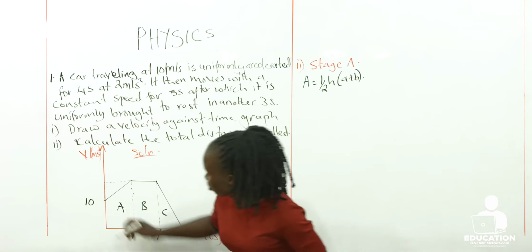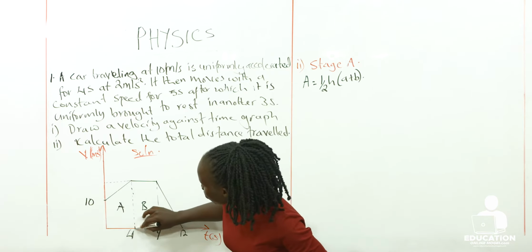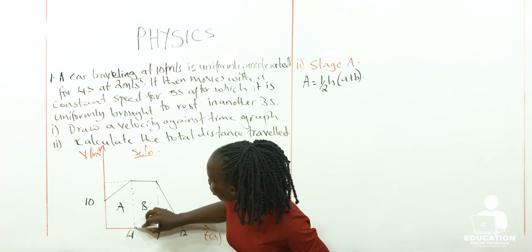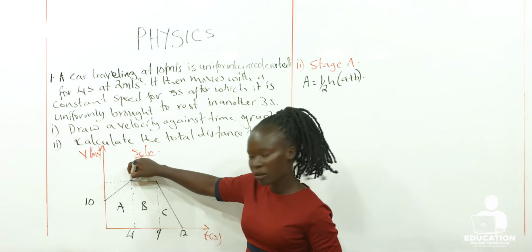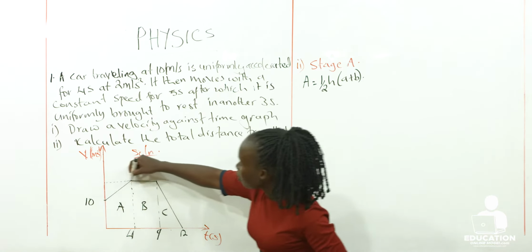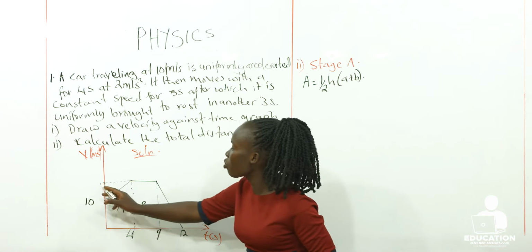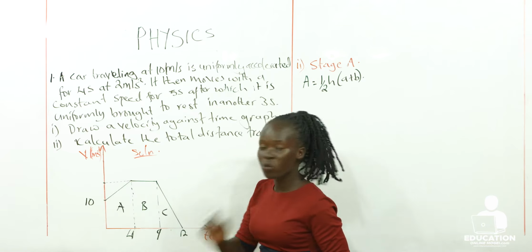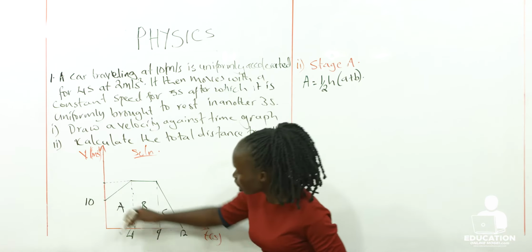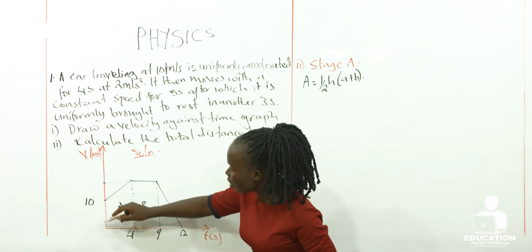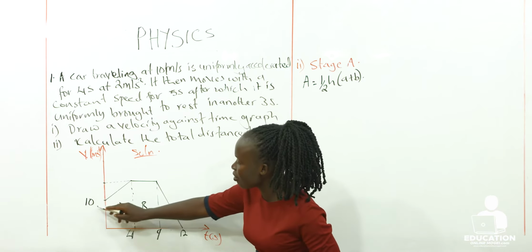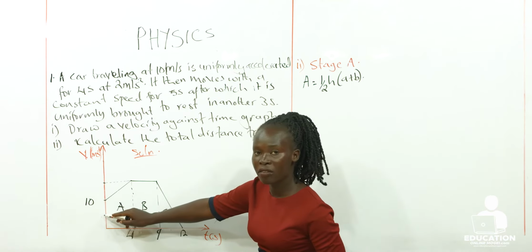This one is the height, and this is B. B is from this point up here, but this value has not been given to us. So we need to find the value of B, because we have the height of the trapezium, which is this point here, and then we have this other distance as the A of the trapezium.